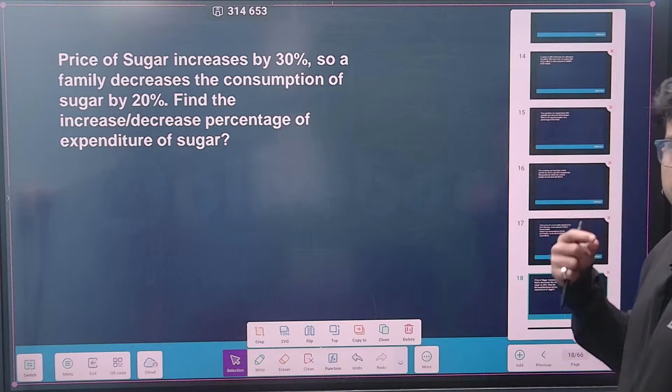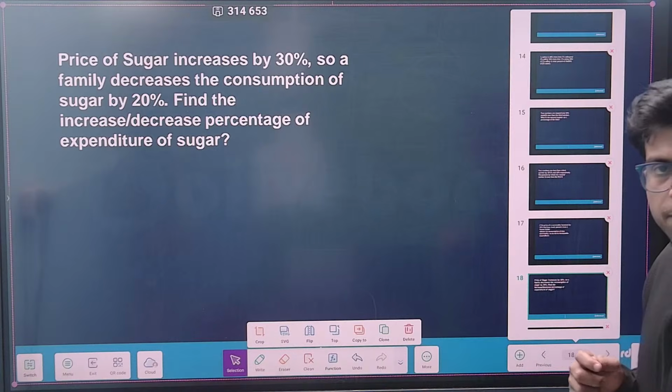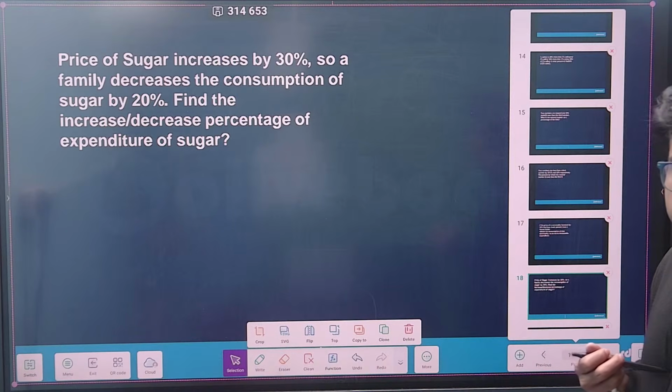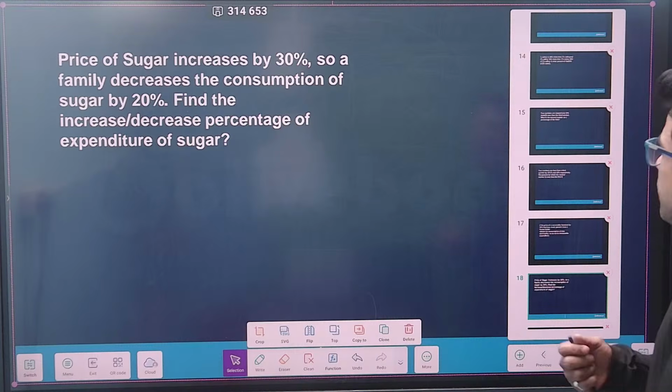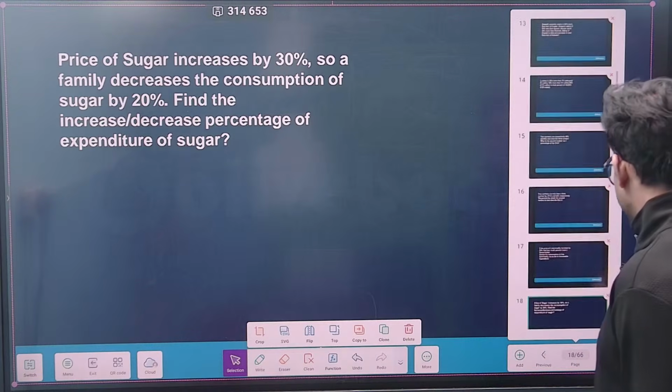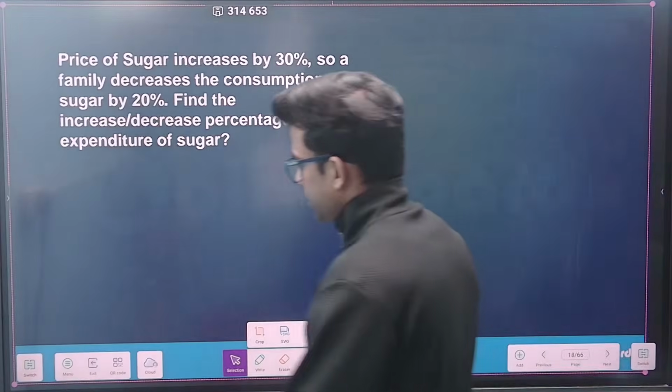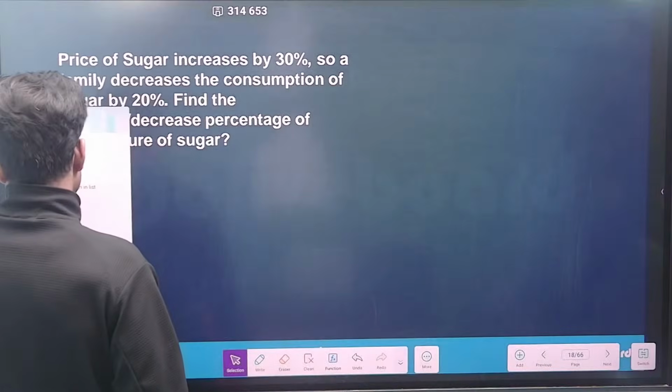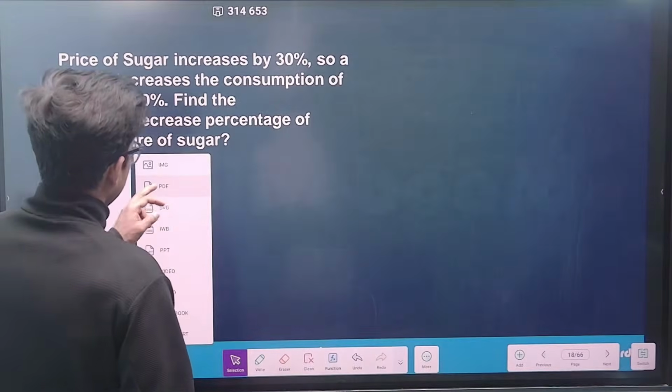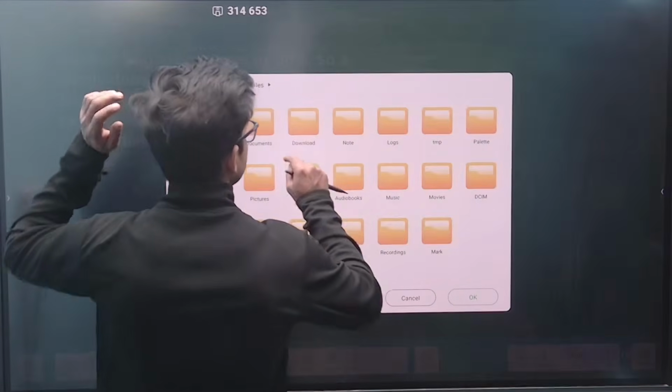Chaitanya, I don't have that question which you are asking. Wait a minute, let me figure out that question first. Wait a minute, guys. I think I have that question.